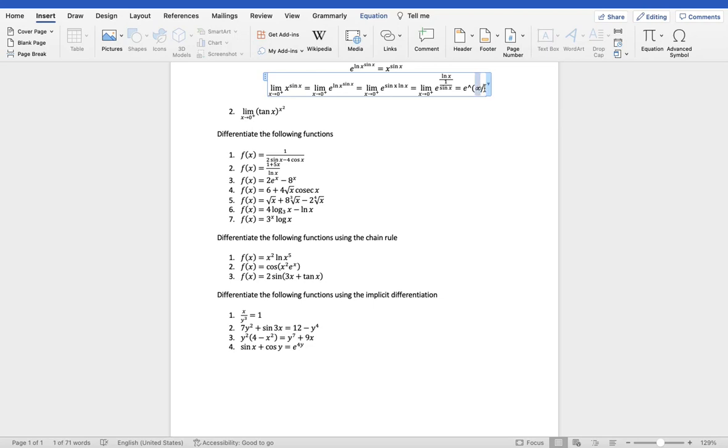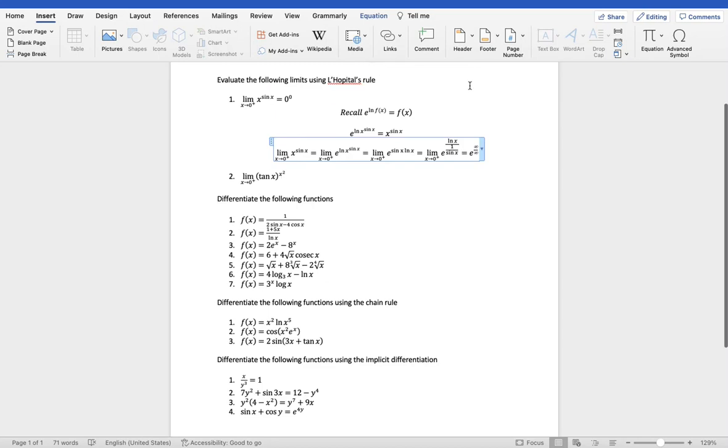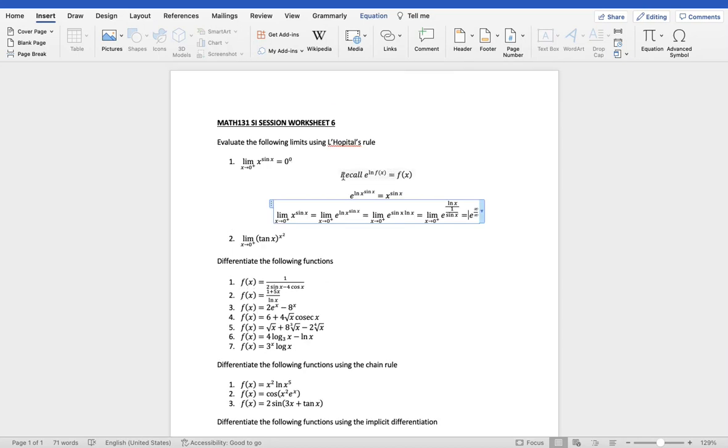So then you have infinity over infinity, which is one of the forms where you can apply L'Hopital's rule, right? So now you can apply L'Hopital's rule on this form of the equation.